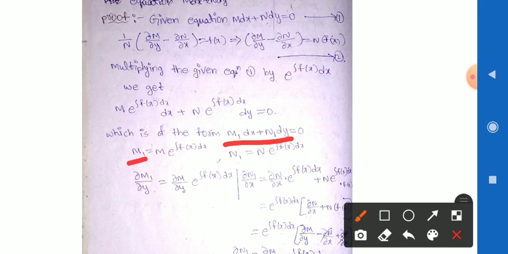Here I am checking whether the given differential equation M1 dx plus N1 dy is an exact differential equation.